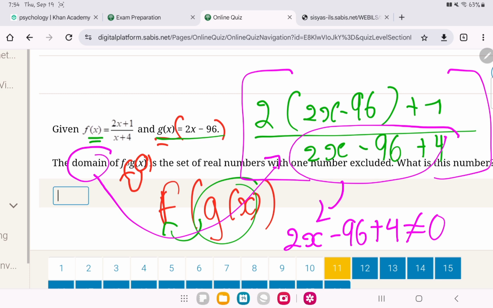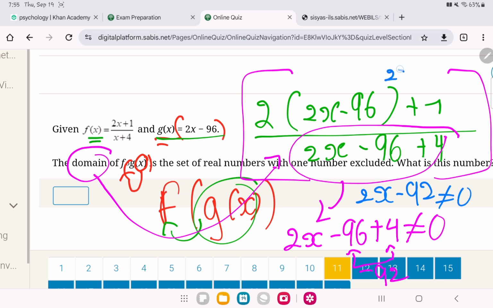So now we have 2x minus 96 plus 4 is different than 0. Minus 96 plus 4 is minus 92. So now we're going to have 2x minus 92 is different than 0.